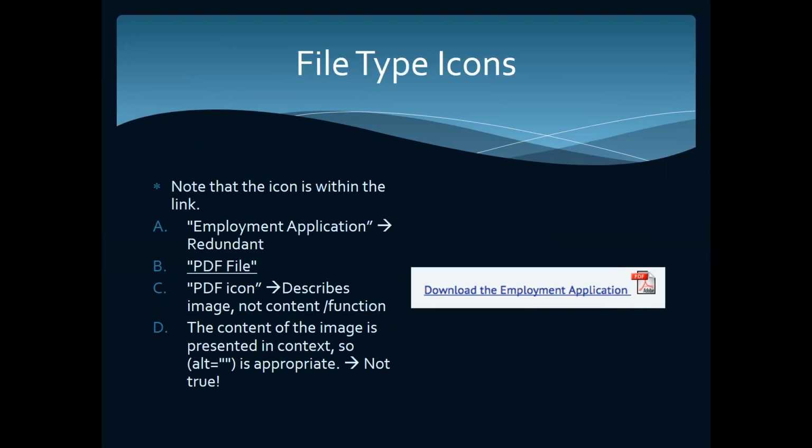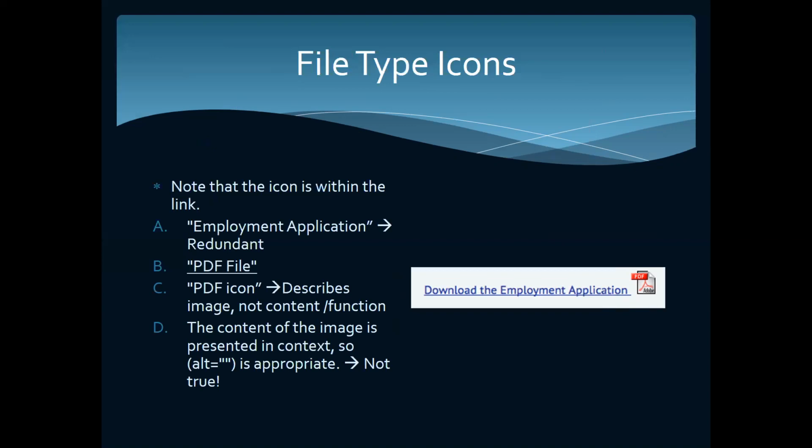Option C, "PDF icon," really describes the image itself, so it's not appropriate. Perhaps in another context, it may be important that the user know that this image is indeed an icon. I'm thinking, if you set up a guide for your web content creators about accessibility best practices, and you illustrated the use of PDF icons, in developing that page yourself, you might describe your icons as PDF icons.